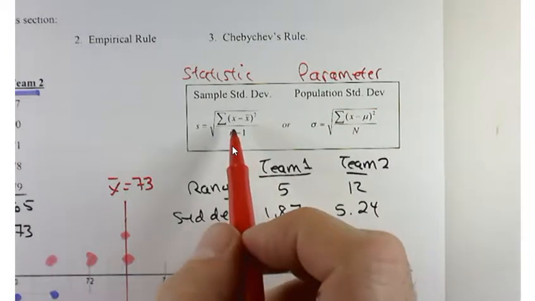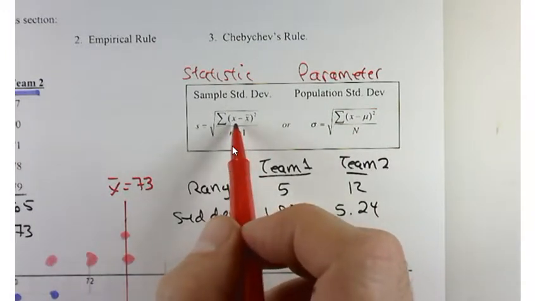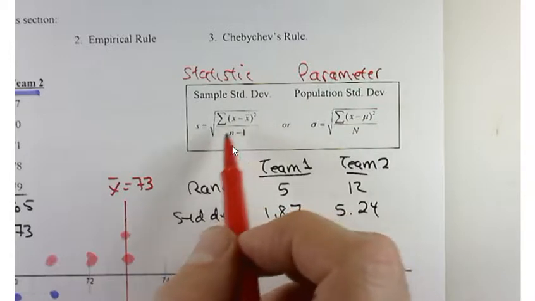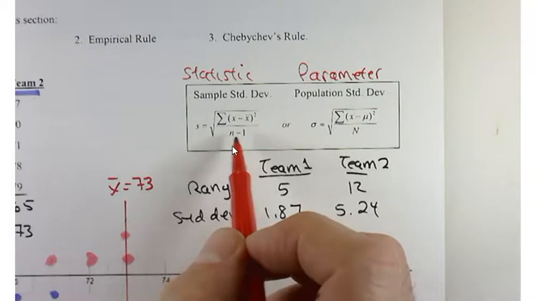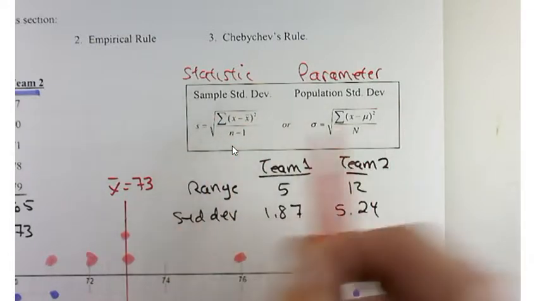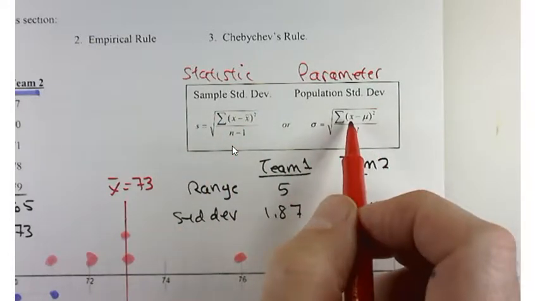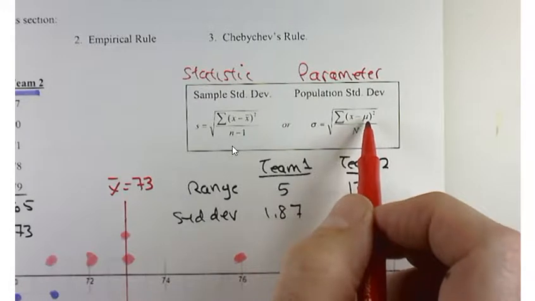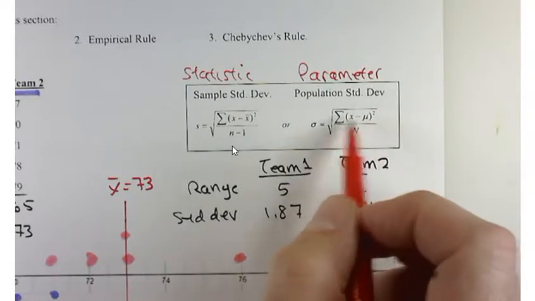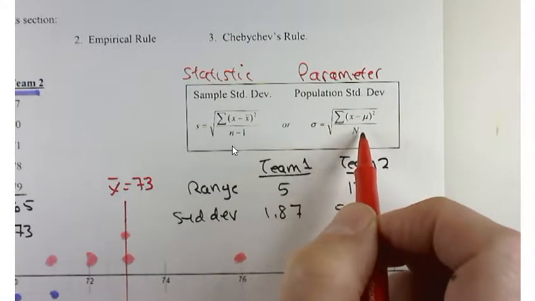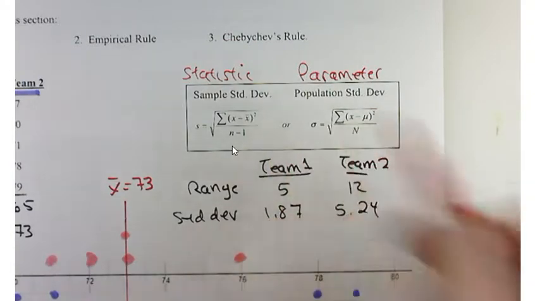For the most part, they're calculated the same. You're going to take your data, subtract off the mean, sum that up, divide by, in this case, n minus 1, and then take the square root. Here, subtract off your mean. The mean is now the parameter mu, but it's still the mean. Square it, etc. But this time you're dividing by n as opposed to n minus 1.